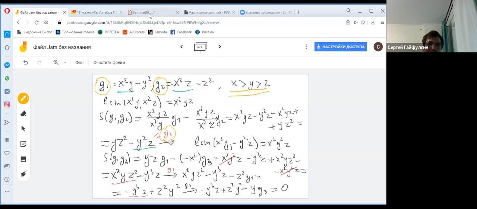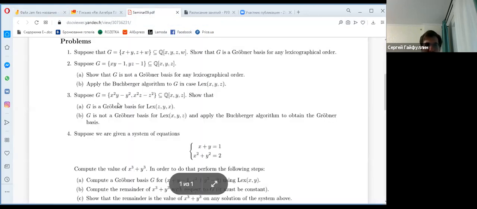So this task is very vital because we understand that we have a system which is a Gröbner basis for one ordering, but it is not a Gröbner basis for another ordering.